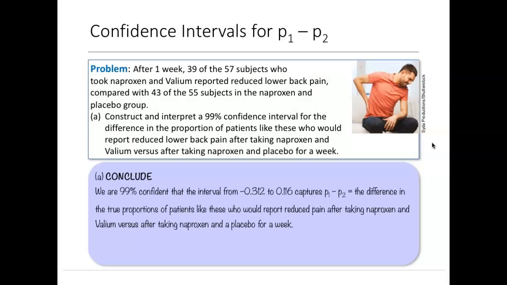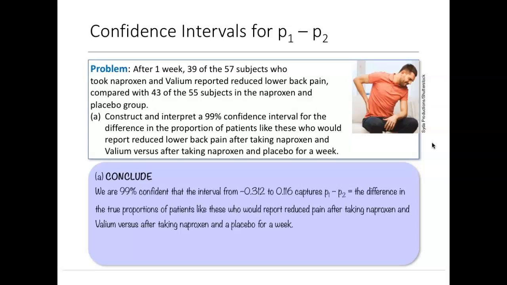All right, so looking at that interval, can we conclude that the Valium helps? Why not, Sam? Okay, we're getting there.